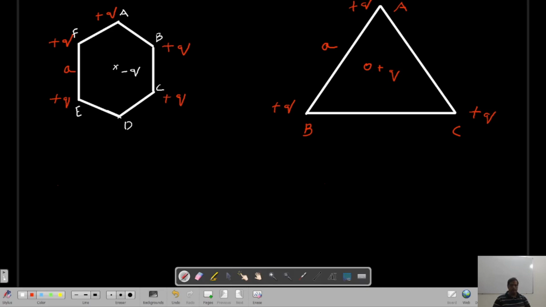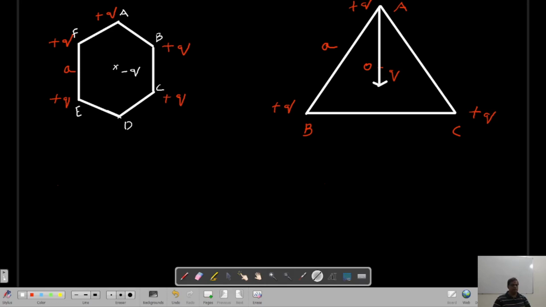Now we also know that electrostatic force is a central force. Therefore, if you look at the force experienced by the charge plus q at O due to the charge plus q at A, it is directed along the line AO. It's a repulsive force, therefore it is directed along AO.